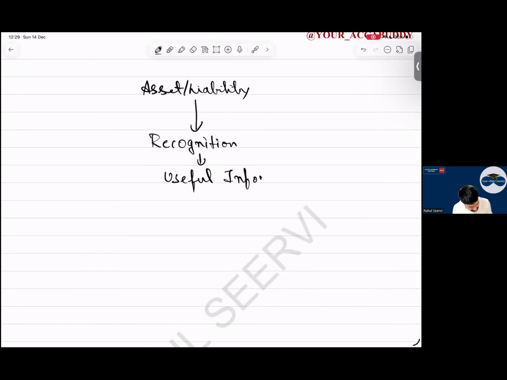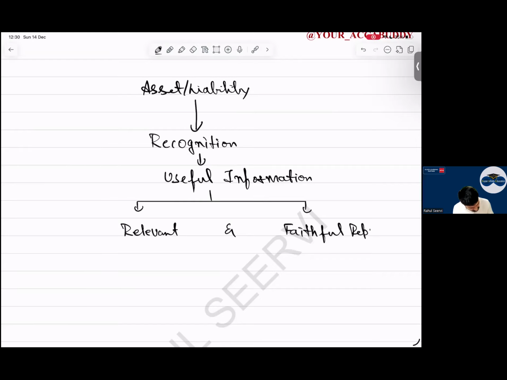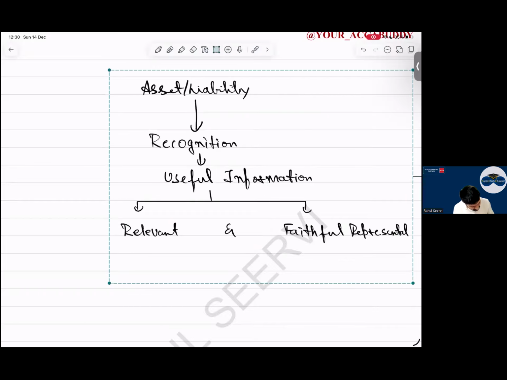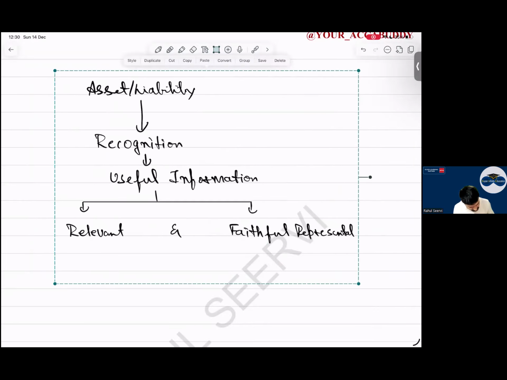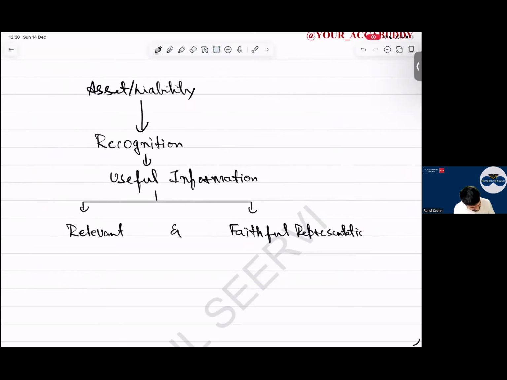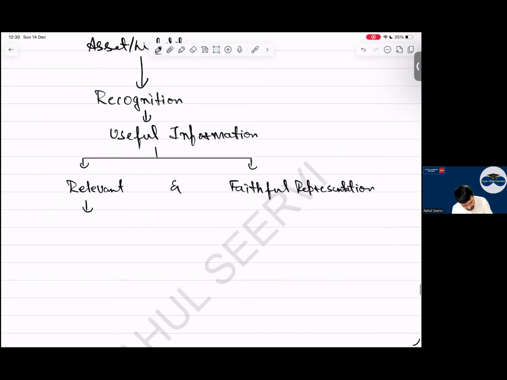Useful information. Useful information when, sir? Relevant and faithful representation. When will you say it is not relevant?